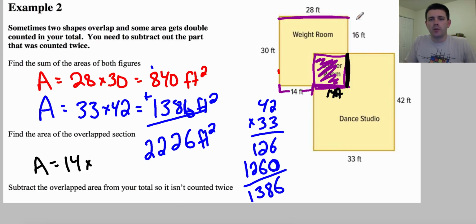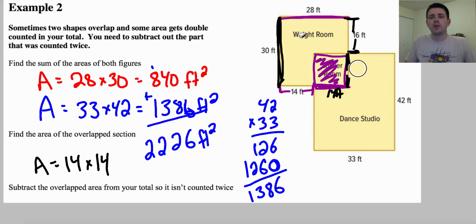Well, I don't know yet, but I know that this section here is 16 feet. And I know the whole thing is 30 feet. So to find my missing piece, I just subtract. 30 minus 16 means this one is 14. Okay, that should be feet there. Okay, so I just had to do a little bit of subtracting in order to figure out what each of my measurements was.